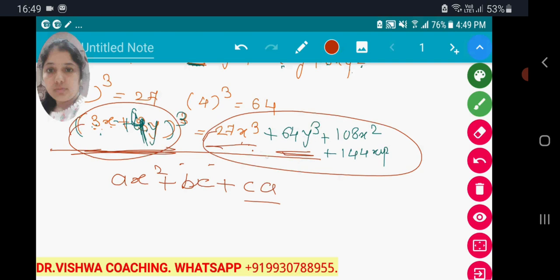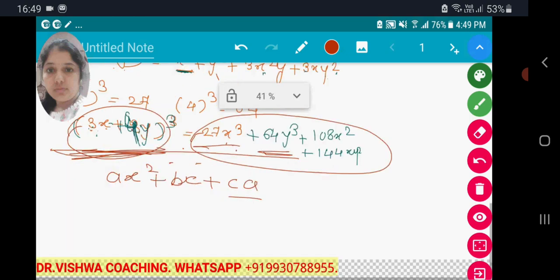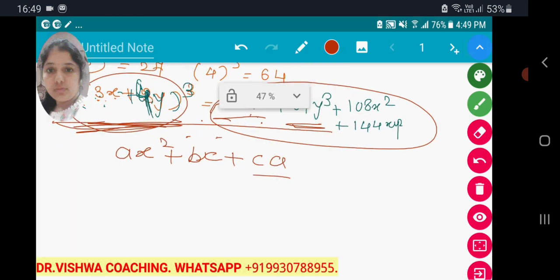If you find the cube root, just check whether this formula is applied here, which is a plus b bracket cube is equal to a cube plus b cube plus 3a square b plus 3b square a. If this formula is applied here, you can find your answer in 2 minutes.